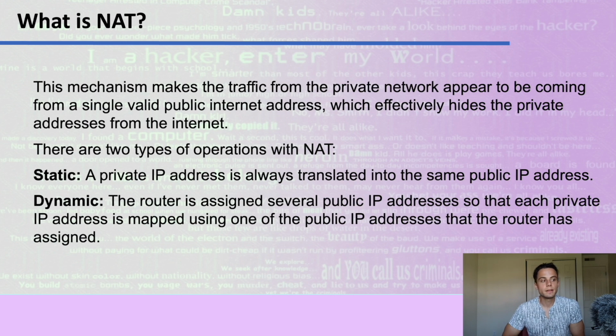There are two types of NAT operations. The first one is static, where a private IP address is always translated to the same public IP address. By doing this, your host within the network will be visible on the internet. There is also a dynamic way where a router is assigned different IP addresses, and each private IP address is mapped using one of the IP addresses assigned to the router.